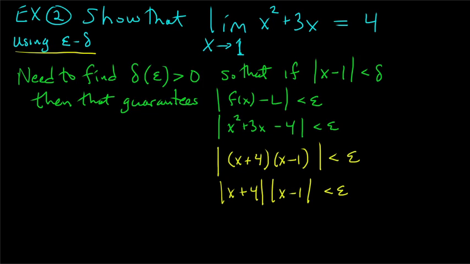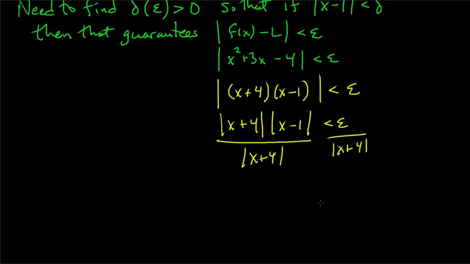It can depend on epsilon. The easiest thing you might want to do is just divide by the absolute value of x plus 4 on both sides. Then you get the absolute value of x minus 1 is less than epsilon over the absolute value of x plus 4. Now that would be nice, but now our delta would depend on both epsilon and x. And we cannot have that happen.